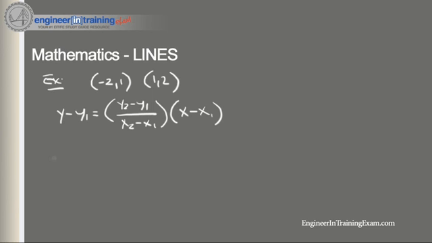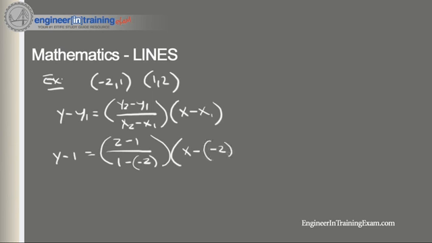We get y minus 1 is equal to y2 is 2, y1 is 1, divided by x2, 1 minus -2, multiplied by x minus x1.